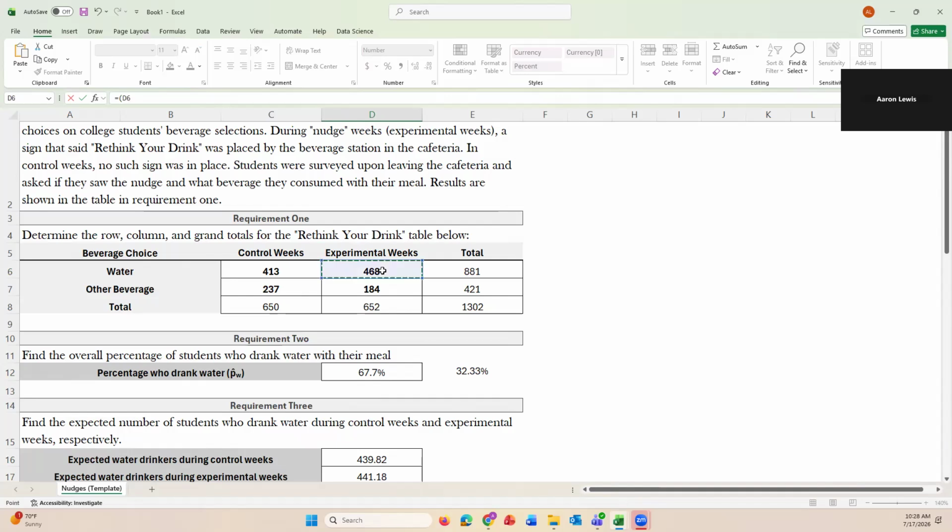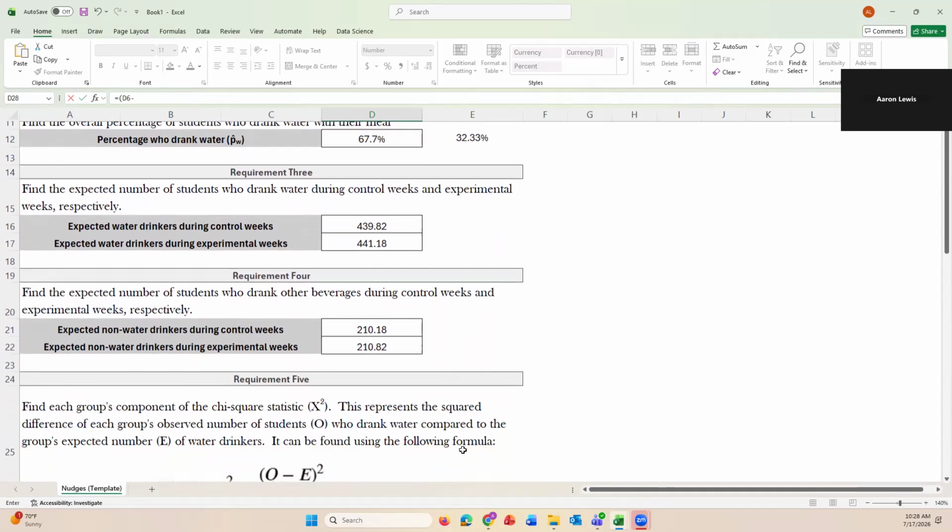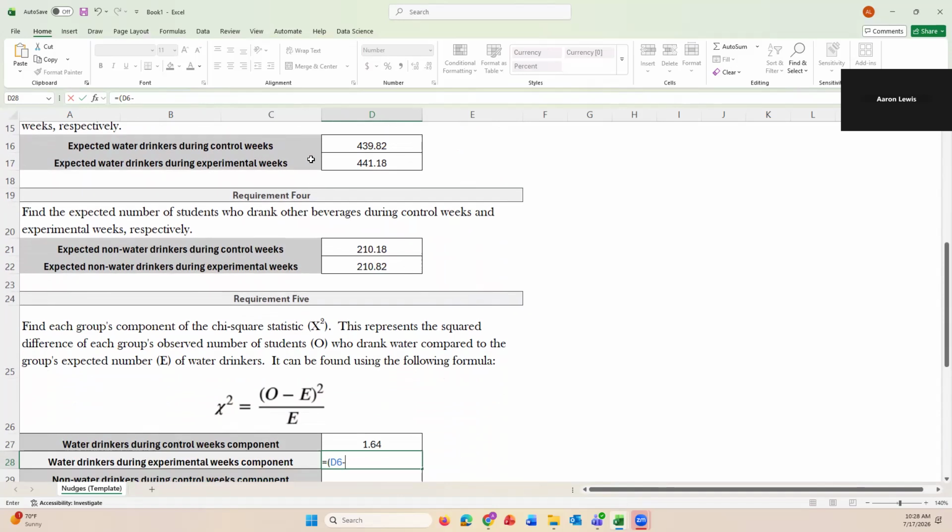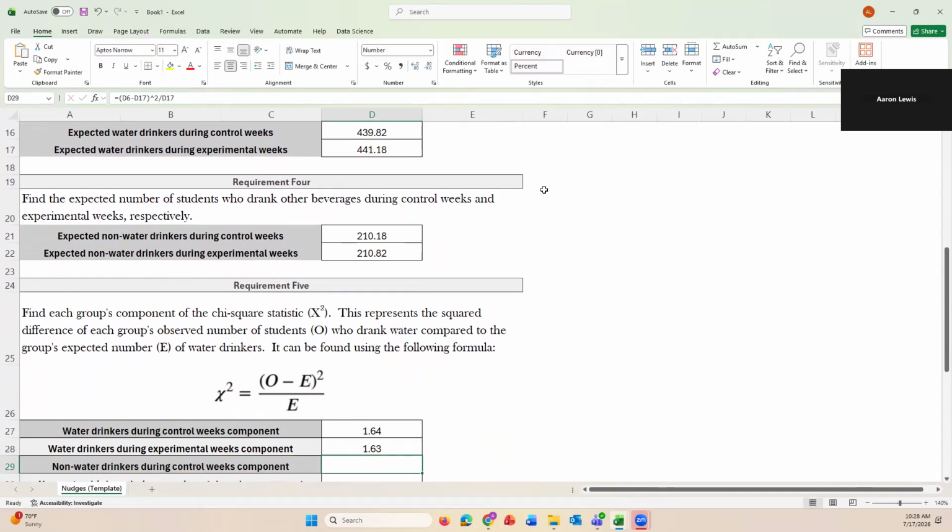Water during experimental weeks is 468. And subtract from it the expected amount. And our expected water during experimental weeks, we found in requirement 3 is 441.18. Close that parenthesis, square it, and divide by that expected amount of 441.18. We come up with 1.63.